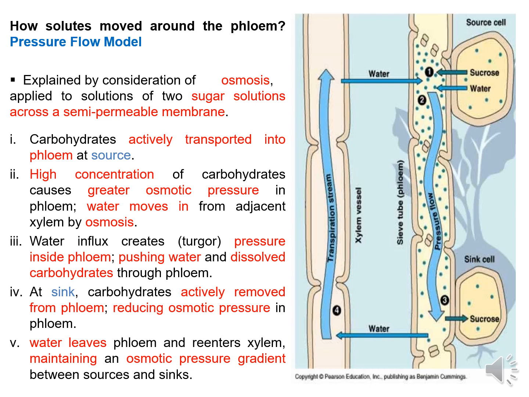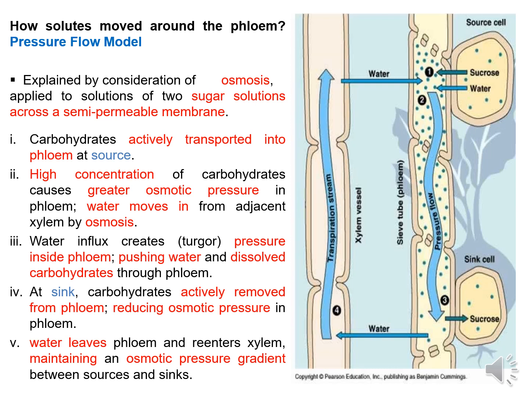At sink, the carbohydrate would be actively removed or unloaded from phloem vessel into the sink. This will reduce the osmotic pressure in phloem. This is because the high concentration of sucrose or carbohydrate is now no longer there, because it has already been unloaded from the phloem vessel into the sink.